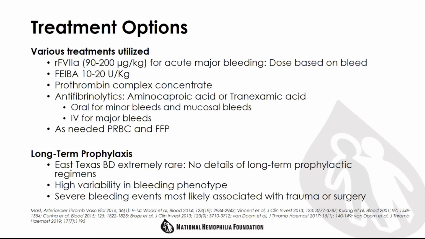So really, it is very rare to use long-term prophylaxis with any of these products for East Texas bleeding disorder or for factor V Amsterdam, as far as it has been reported. There is a high variability in the bleeding features, and most of the patients present with symptoms associated with trauma or surgery.